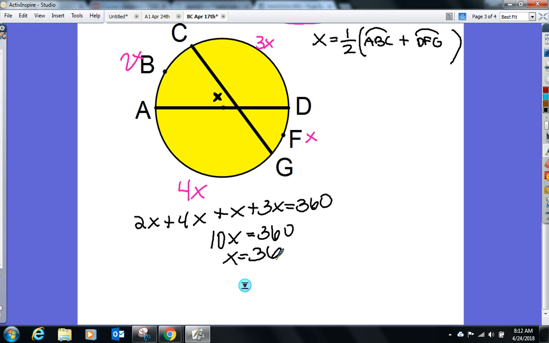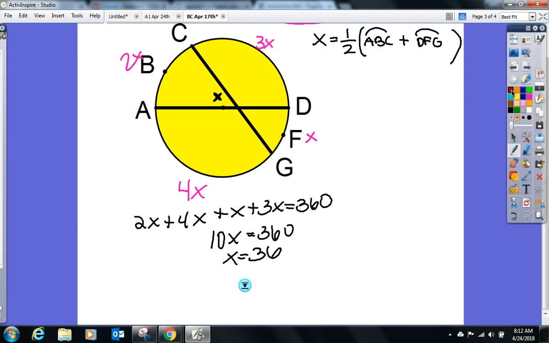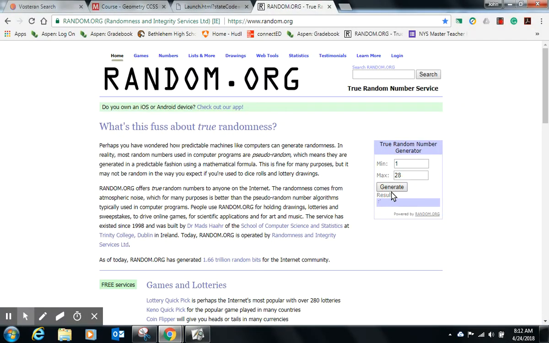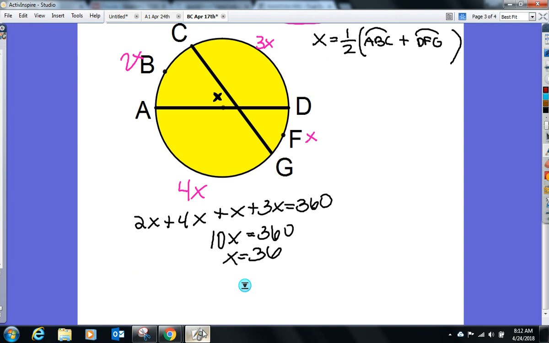Go ahead, plug in x now. Find all the arcs, or you don't need all of them, just the ones you need. What's your measure of ABC now? 72, 2 times 36.